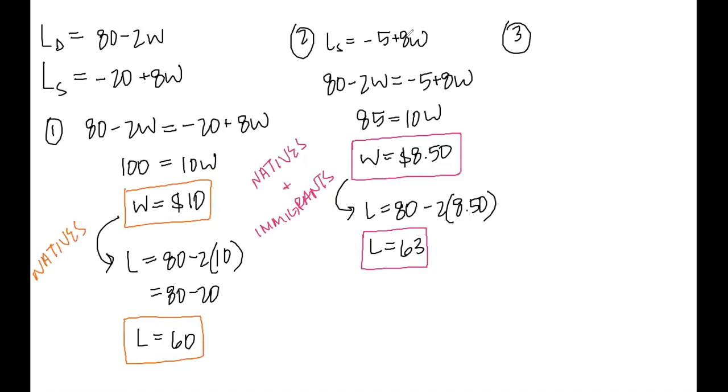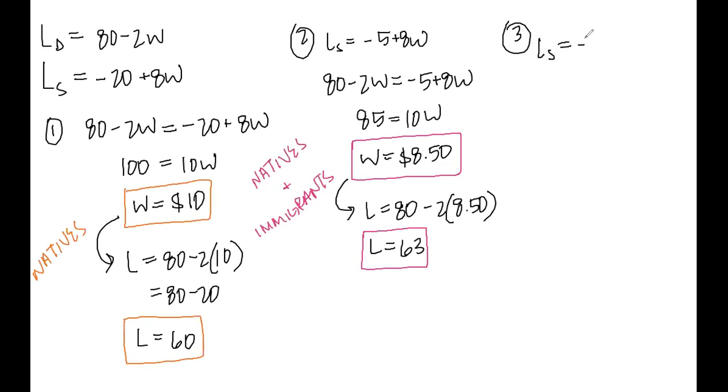So to find the employment level of natives as a result of the immigrant arrival, we have to take this new equilibrium wage of $8.50 and plug it back into the original labor supply curve of just natives. Because if we see how many natives are supplying their labor at the new wage rate, we can then compare that number to how many natives were originally holding jobs.